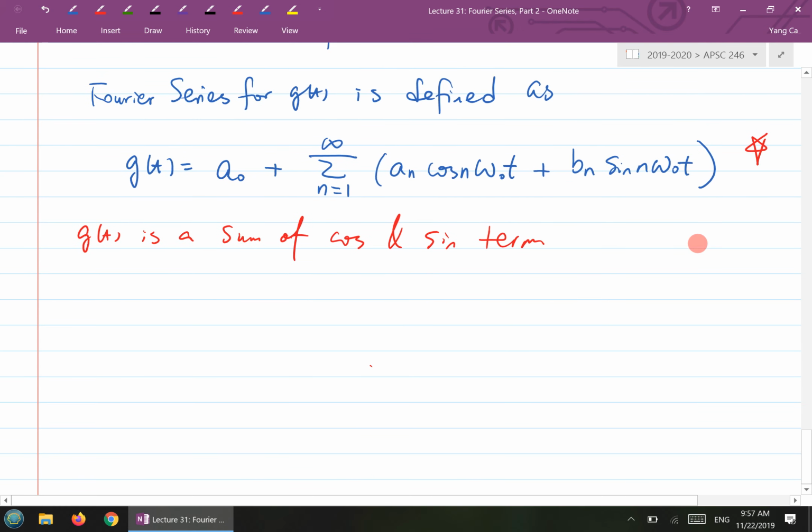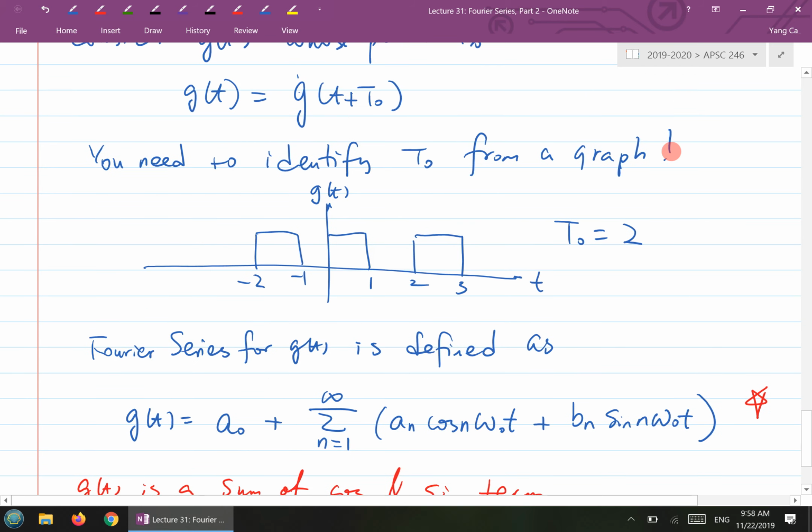That's basically the nature of Fourier series. They express a periodic function as a sum of cosine and sine terms. That's quite interesting, because if you look at this, this is a periodic function. If nobody tells you, how could you know?